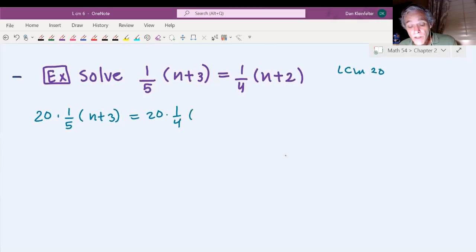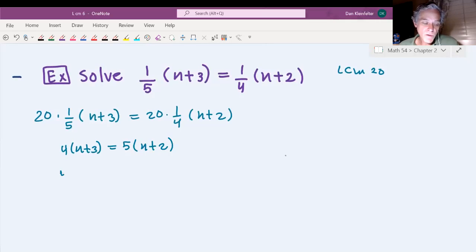Note that if you were to do the distribution first, then you would have more fractions in it. So we're going to eliminate the fractions before using the distributive property. Okay, 20 times 1/5 will be 4. 20 times 1/4 will be 5.